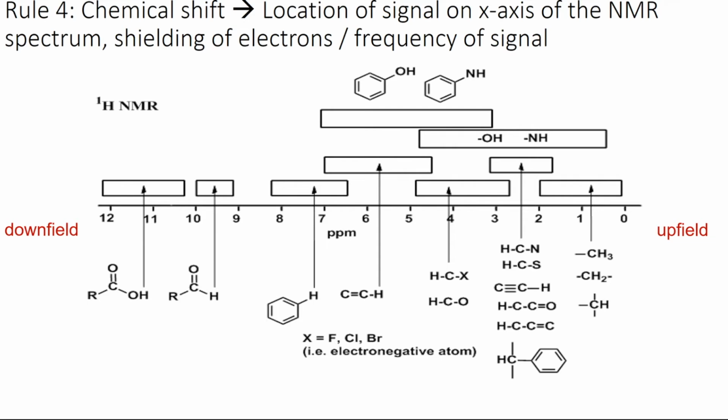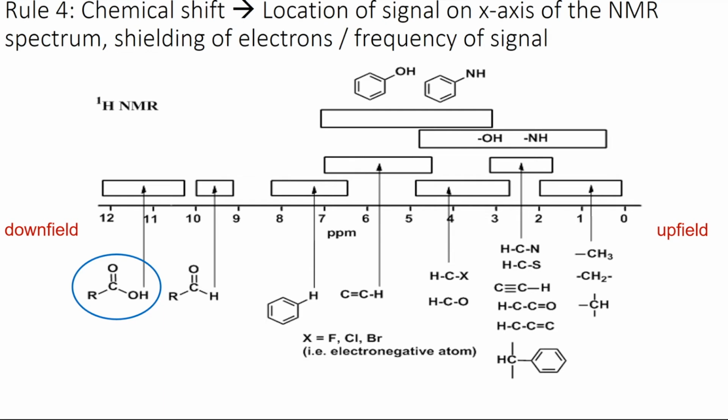The shielding of the hydrogen with electrons will determine where on the spectrum you might expect to find it. Generally, if the hydrogen has electronegative groups around it, like the hydrogen in a carboxylic acid, for example, where the hydrogen is right next to this very electronegative oxygen atom, that oxygen is going to want to steal electrons near the hydrogen, and therefore the hydrogen will not be as shielded with electrons and will be more deshielded.